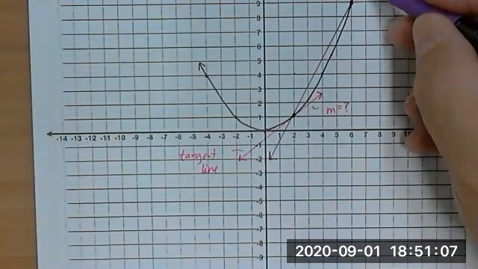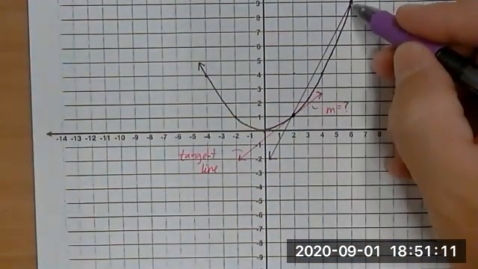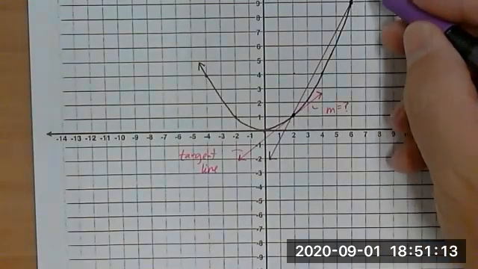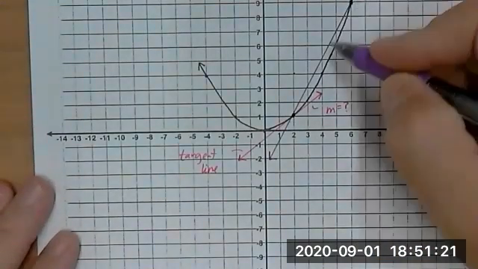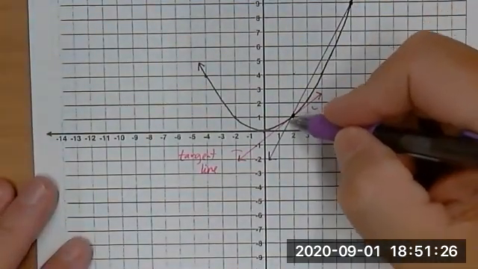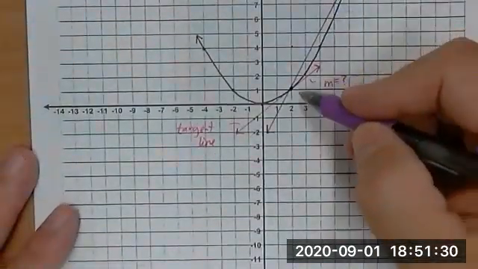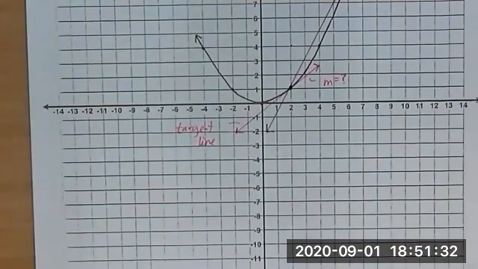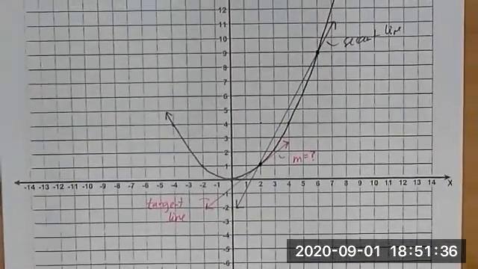But my secant line, which has 1 point down here and the other point up here, is not too close. Even though this is not a great estimate, I want to go ahead and calculate the slope of the secant line.